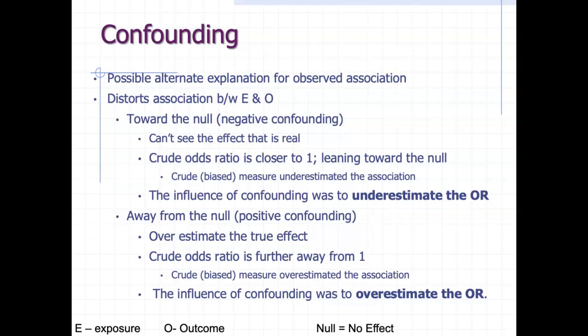If that crude measure is closer to 1 compared to that adjusted measure, then we would conclude that we have negative confounding. If that measure is further away from 1 compared to that adjusted measure, then we have positive confounding, meaning that the confounding present in that crude measure was causing us to overestimate that measure of association.